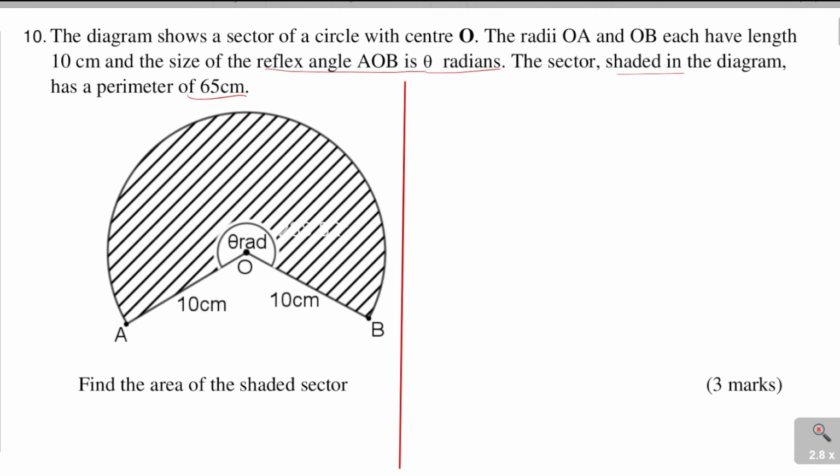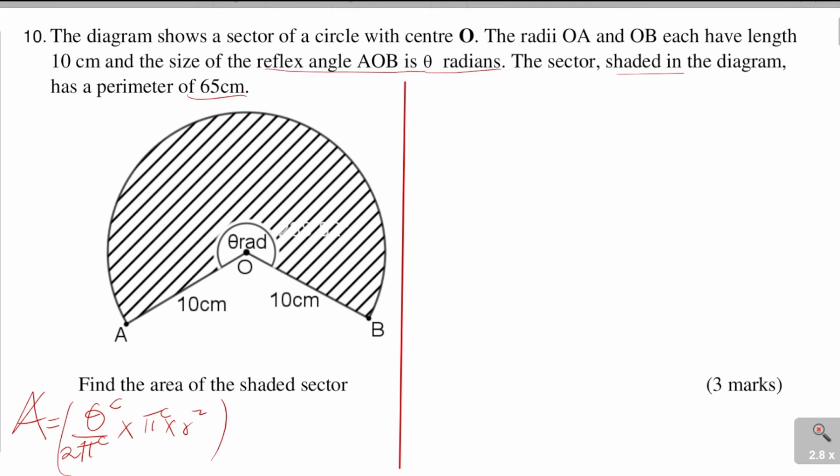The area will be given by the angle at the center, theta radians, divided by 360, which is 2 pi radians, times pi radians times radius squared. So that is how we get the area of that sector.